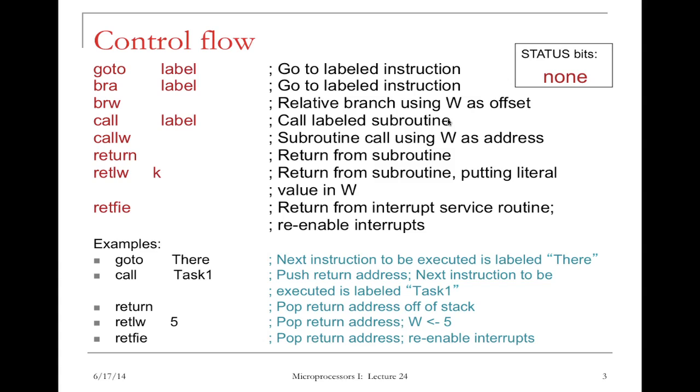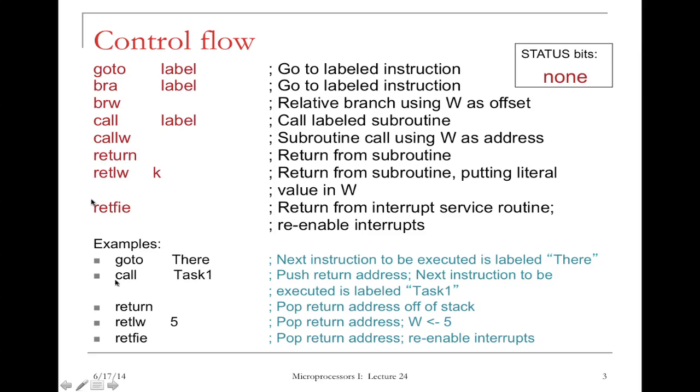CALL task1. Task1 is the entry point of a subroutine. When you call task1, the microcontroller will begin executing the instructions in the subroutine called task1. And this call instruction will push the return address.